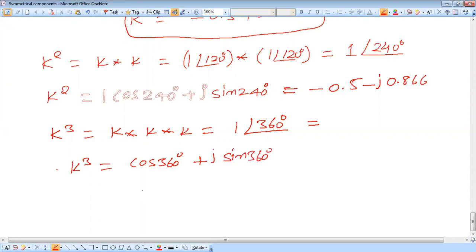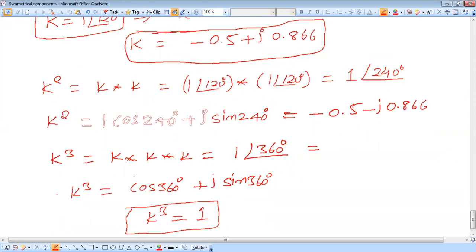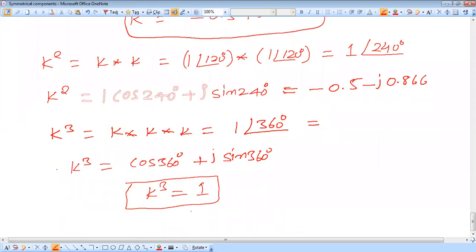Cos 360 is 1 and sin 360 is 0, so K cube equals 1. Now this is the introduction of the operator K, K square and K cube. Now if we observe one thing in this observation, wait a minute.